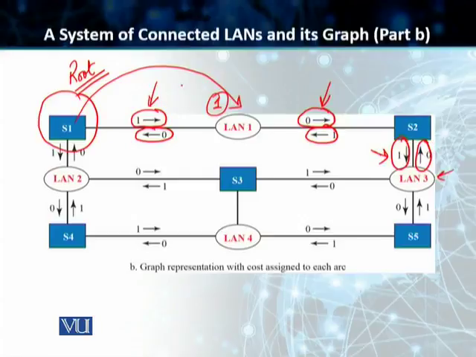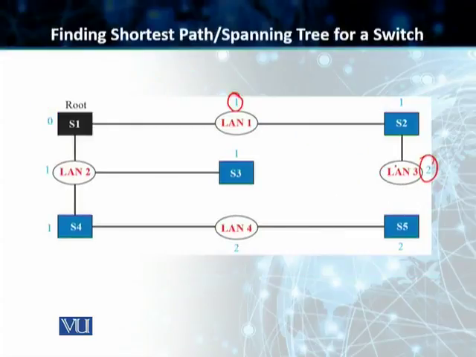This one plus this 0 plus this one. So students, you have got a 2 here. And students, in this particular case, what we have done is we have actually found the shortest path in the spanning tree algorithm for each of the switches by using our root switch technology.